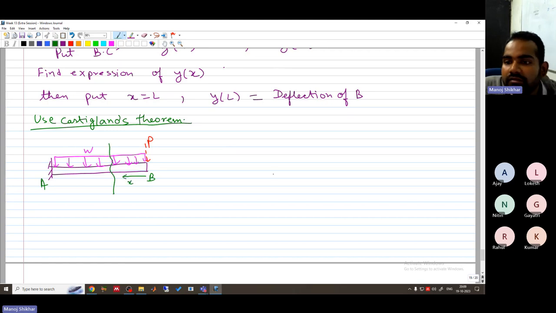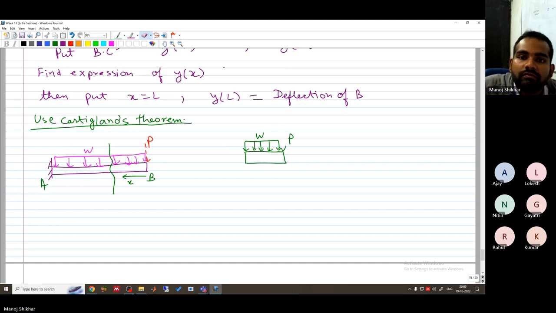We are having a cut here. So this is W, and here we are applying a load P. P is the dummy load.